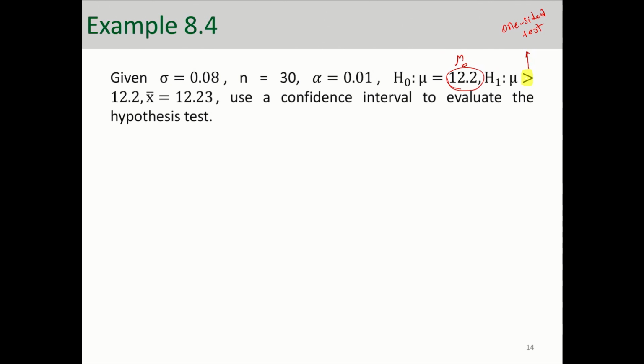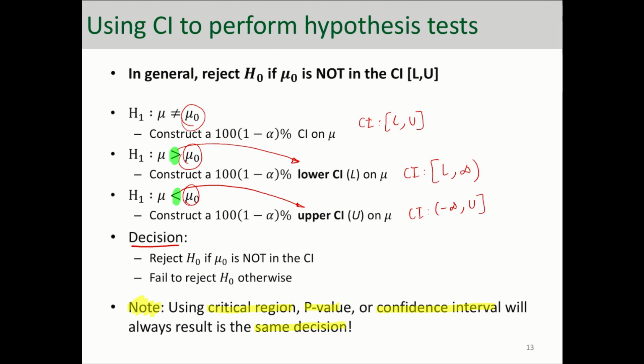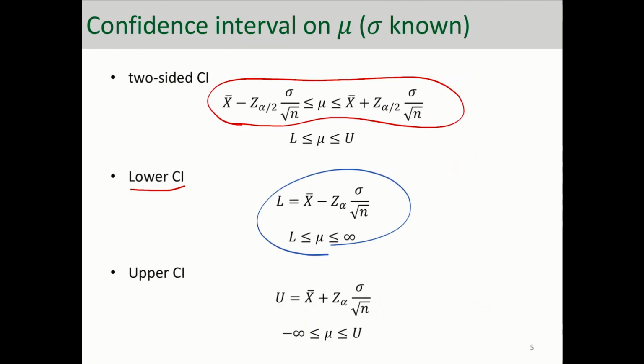And with those two, we're looking at a confidence interval of this type, because our hypothesis test is one-sided with more than sign. So we need to calculate the lower confidence limit. And how do we calculate lower confidence limit? If I go back a few slides, here is lower confidence limit: x bar minus z of alpha times sigma over square root of n.